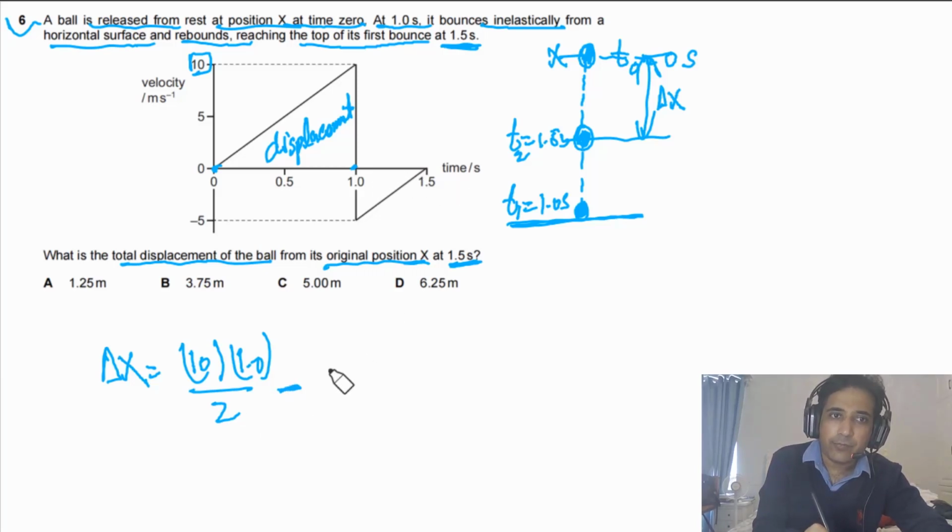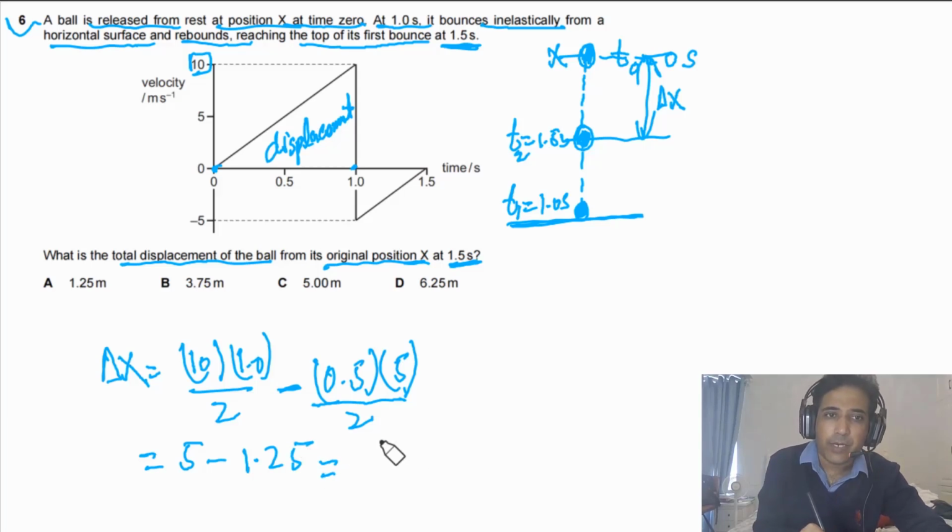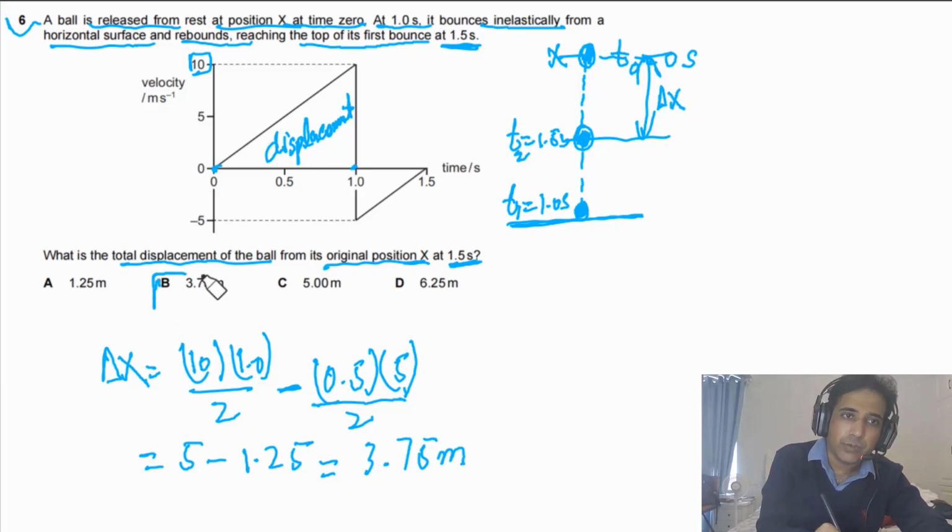So we have 0.5, and here we have 5, and this is divided by 2 because this is a triangle. If we solve this, here we will get 5, and here we will get 1.25, and if we simplify, we will get 3.75 meters. So this is the final answer. So the answer for this question should be B.